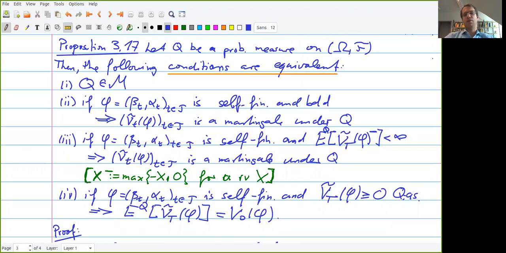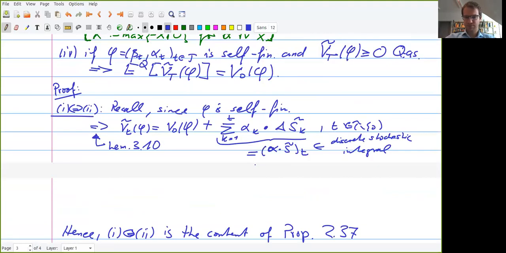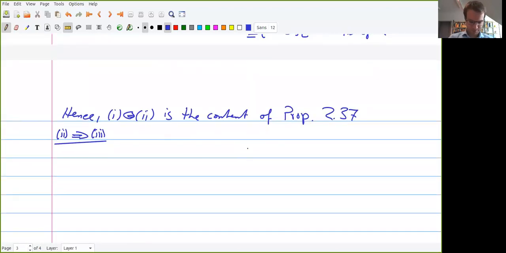We want to show that if for every self-financing and bounded trading strategy the discounted value process is a martingale under Q, then we can also show that if we have a self-financing trading strategy for which the negative part of the associated discounted value process at the terminal time T is integrable, then it is already a martingale under Q. This is a bit more work, because we haven't done it yet.